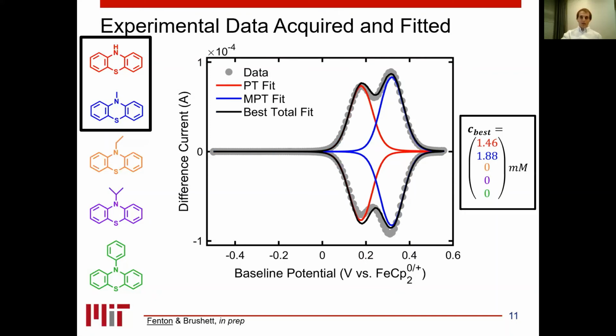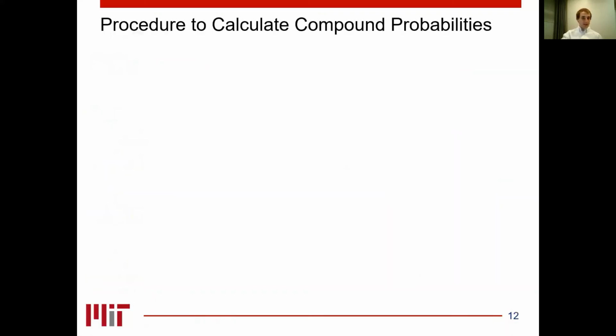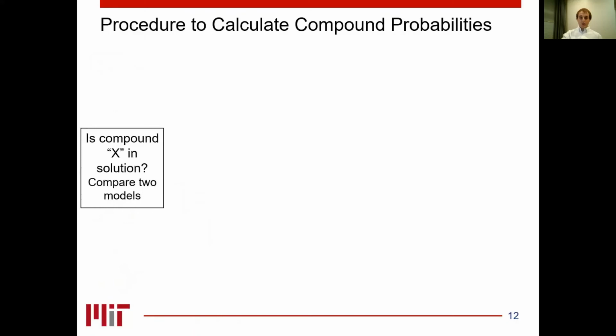So now the question becomes, how does this vector of best fit concentrations then help us determine the probability of each phenothiazine being in solution? This is conducted by asking a question. Is a particular compound X in solution? In this case, two models are compared using a metric known as the Bayesian Information Criterion, or the BIC for short.